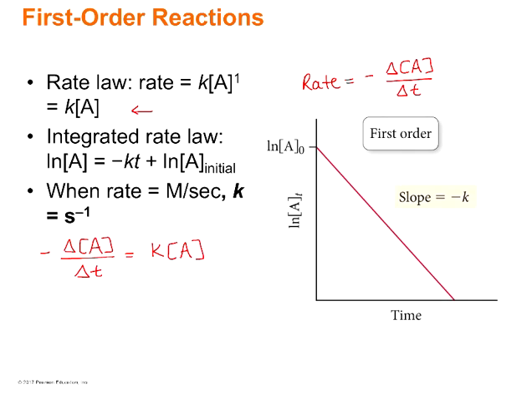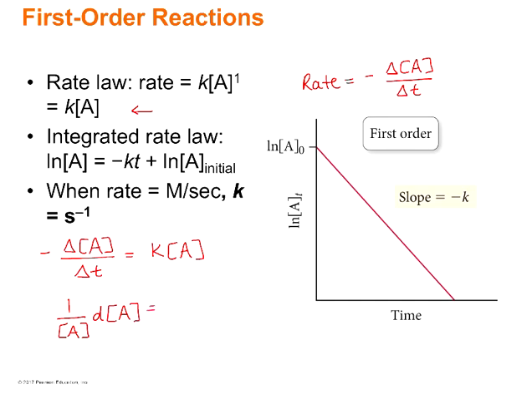And then we can rearrange this equation slightly. So I'm going to write 1 over the concentration of A. So I'm just moving the concentration of A on the right over to the left. So I have to divide both sides by that. And I'm going to rewrite delta A as dA.